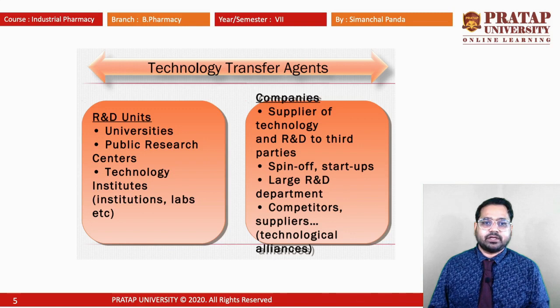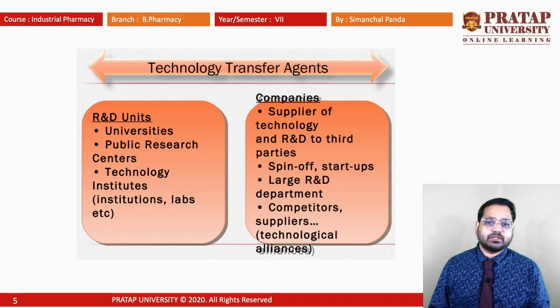We can see there are two columns. The first one is the research and development units, like the universities, public research centers, different technology institutions. There are different labs working hard to get new innovative ingredients or ideas.